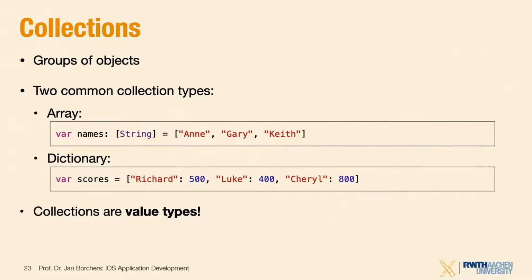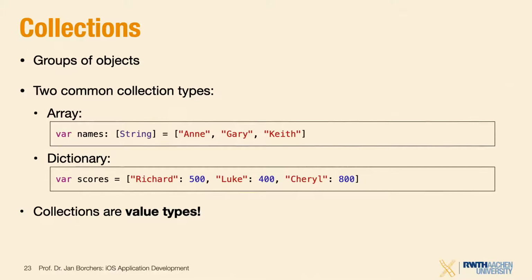The first one is the array. Any collection is there to store related data, right? A bunch of things behind each other in a related way. What the array does, of course, is just store values. So the collection array is defined in this way. This will be a names array of base type String, and each element then is a string. So easy enough.